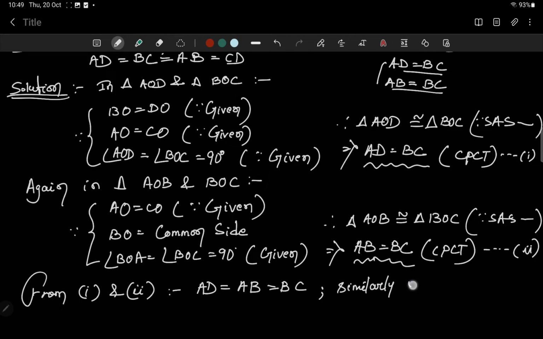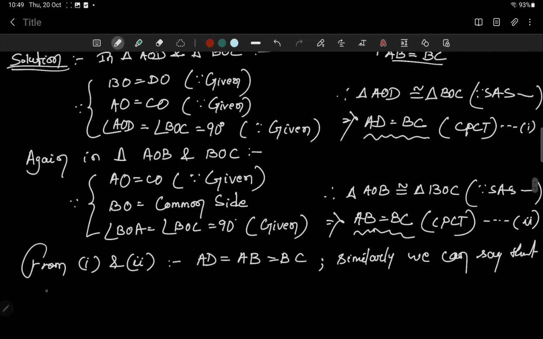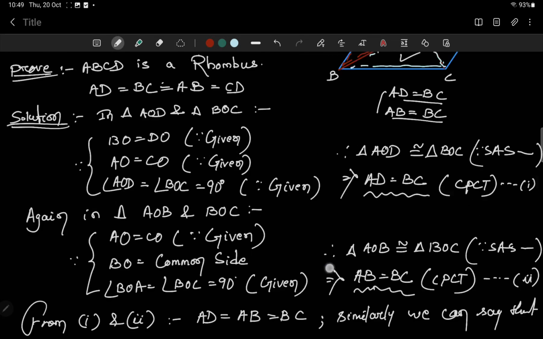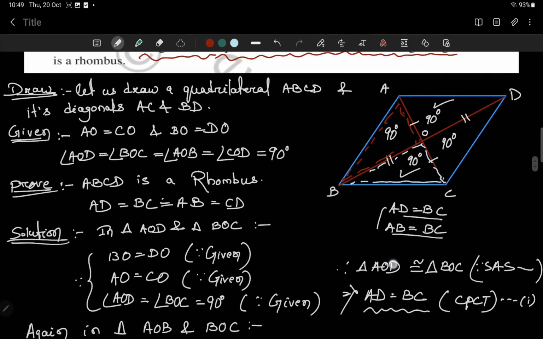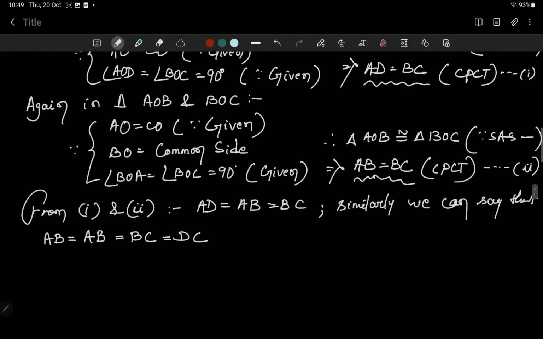Similarly, we can say that AD equals to AB equals to BC equals to DC. Okay, therefore we can say that ABCD is a rhombus. Okay, proved.